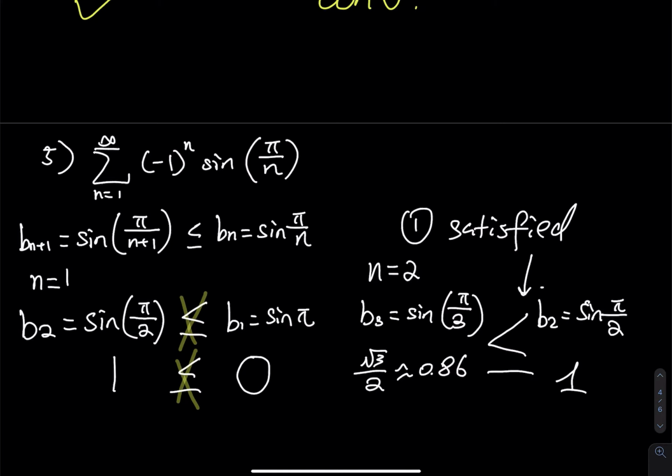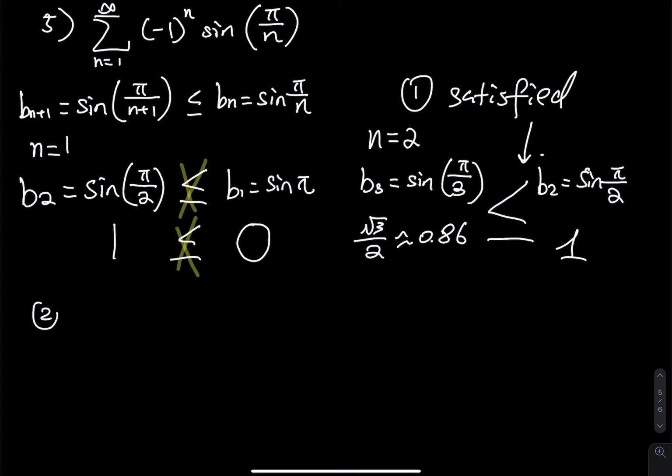Now we are moving on to condition number 2. If condition number 2 fails, then the series is not convergent. So for condition number 2, we have to prove that the limit as n approaches infinity of Bn is equal to 0. So we have sine of pi divided by n.